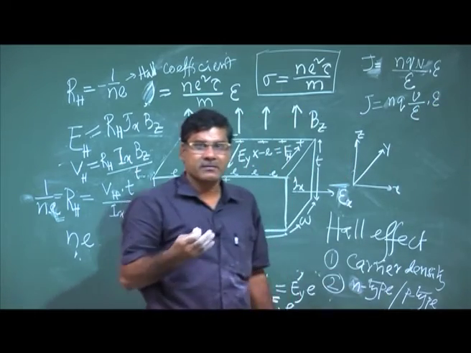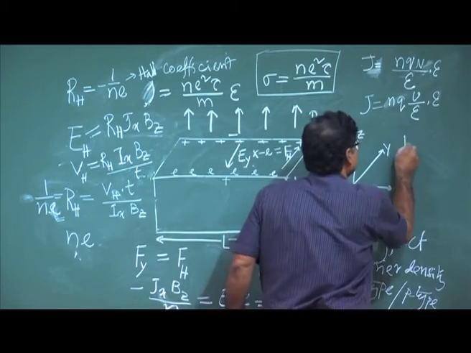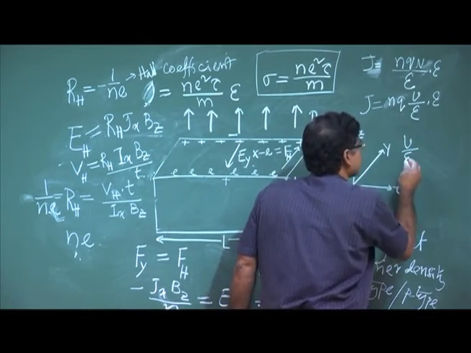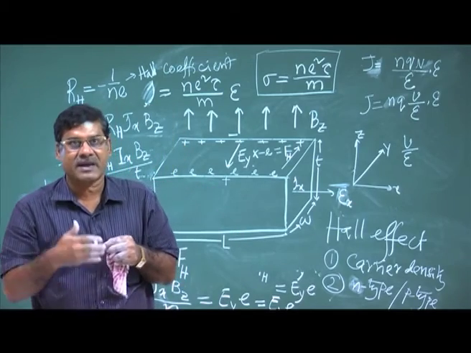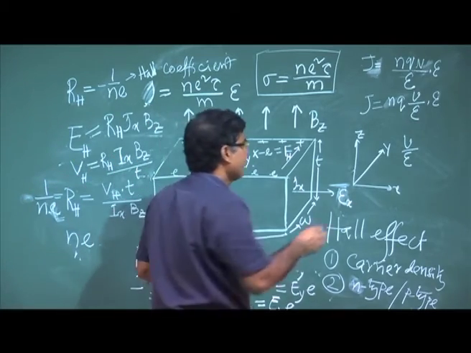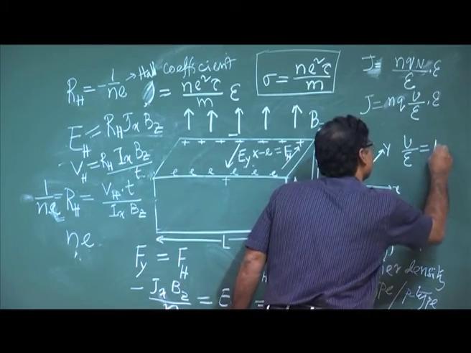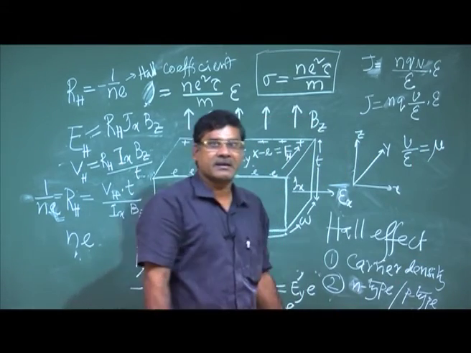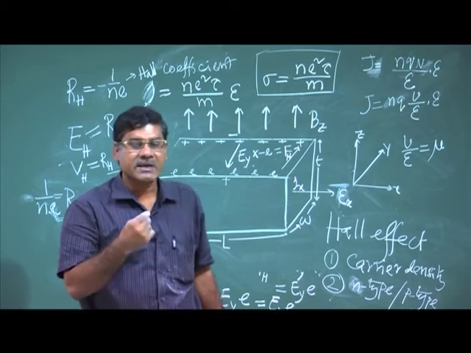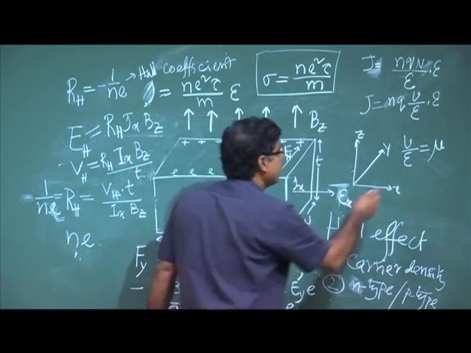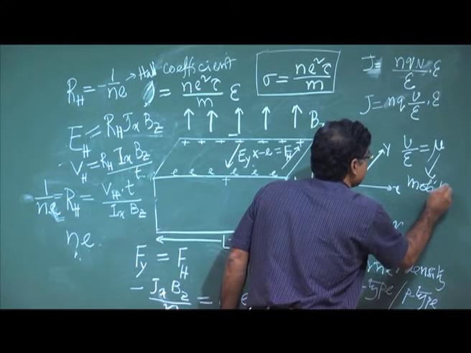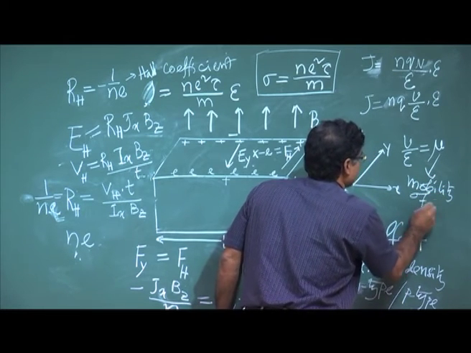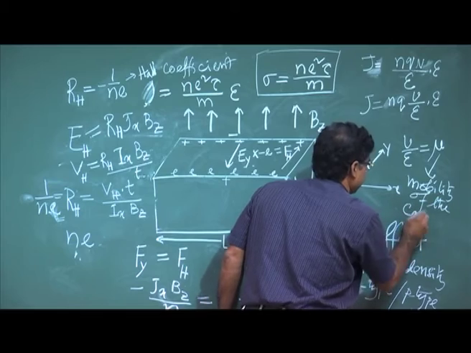So, if I define this V by E, the drift velocity per unit electric field, as mu, mu is called the mobility of the carrier, that is important, the mobility of the carrier, right.